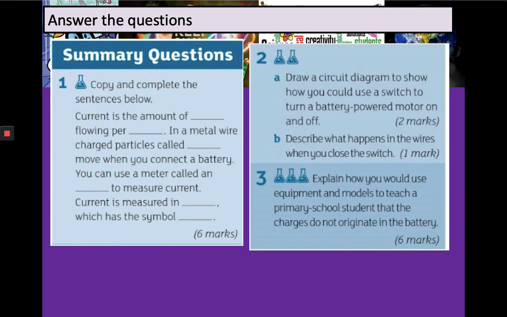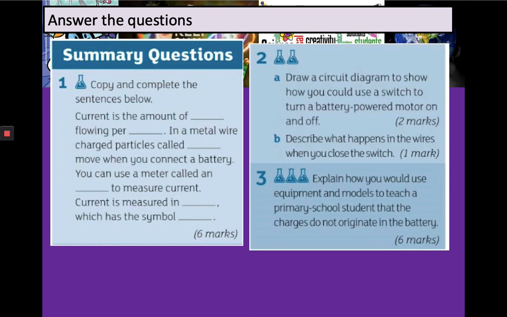Obviously, number 1 is the easiest because it's got one of the tubes there that shows that it's the easiest, whereas 3 is more of a hard question as it's got the 3 test tubes there.